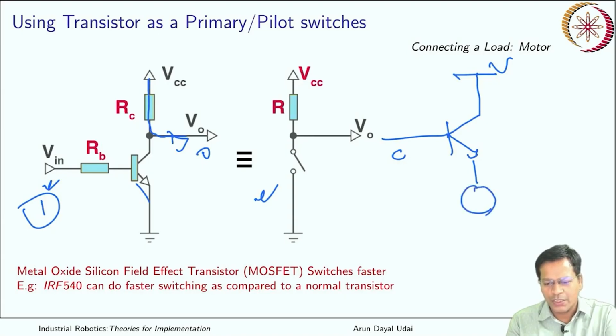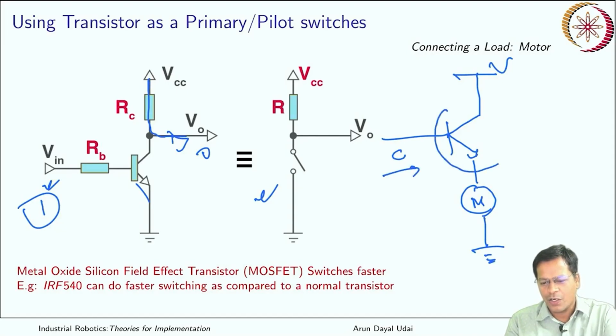So if your motor is here, as soon as you provide current to this line, the transistor is now working. So now the current comes to the motor and the motor starts running. A small amount of current can now control a huge amount of current from here. So this is just a switching operation, and this is how it is useful.